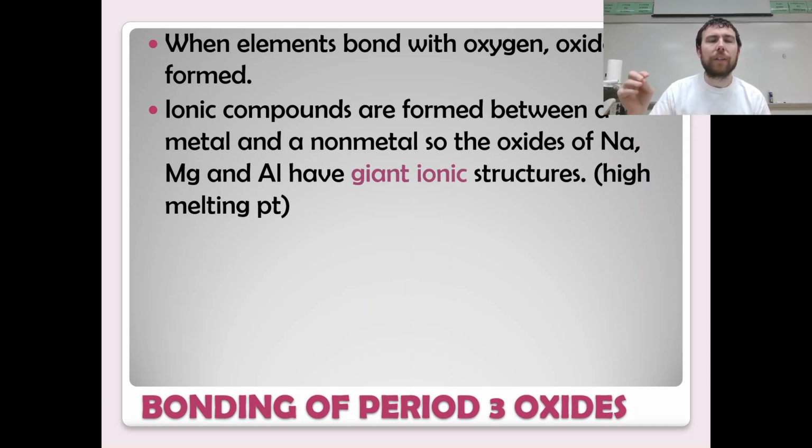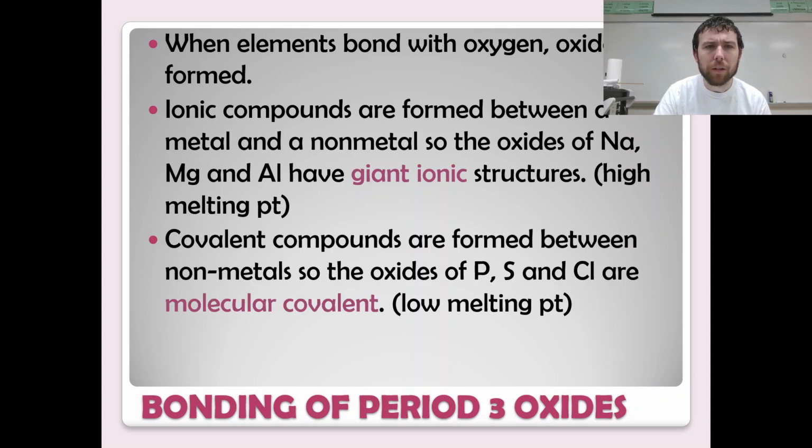And then you've got these Coulombic attractive forces that are much stronger because you've got these charge differences that you're dealing with because oxygen has a 2- charge. And so as a result, the ionic compounds of sodium oxide, magnesium oxide, and aluminum oxide have high melting points because of those giant ionic structures.